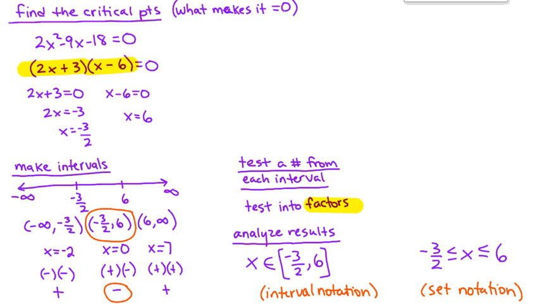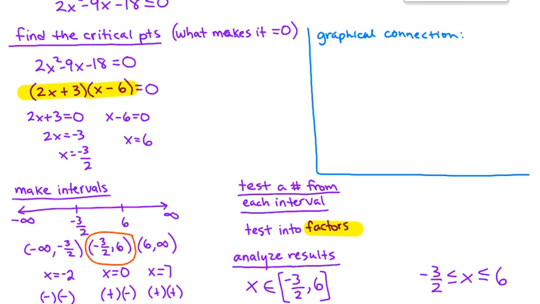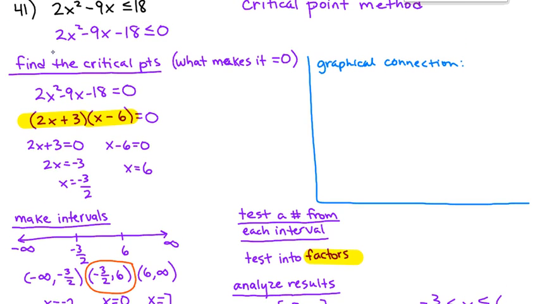And the last thing I want to point out is I would like to make a graphical connection between what we just did and another way to solve it. Okay, so let's take this expression that we started with, 2x squared minus 9x minus 18, quadratic expression.